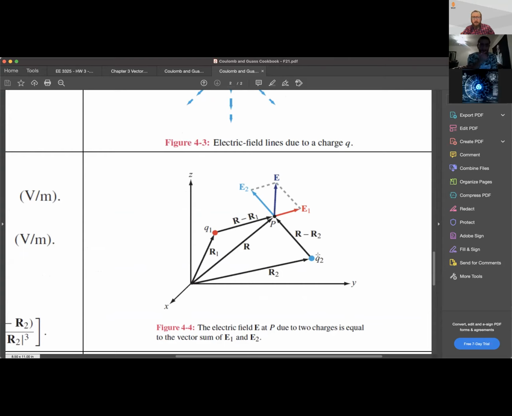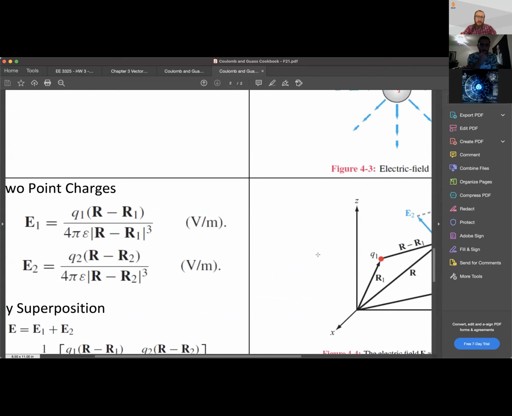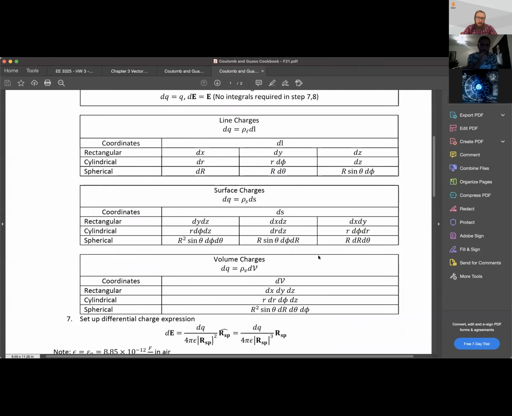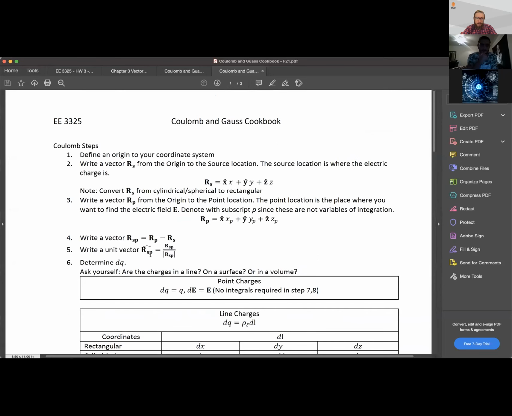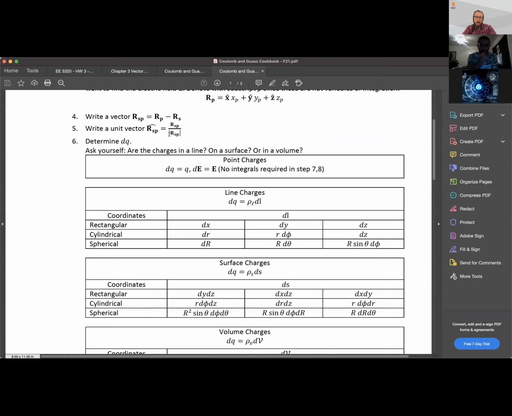You also need to do that for charge 2. Now you can follow the steps up here, and these steps will give you a vector, this r_SP. This vector is a unit vector that shows you the direction, with a unit vector magnitude, of that electric field due to that charge 1, and then you repeat for charge 2.